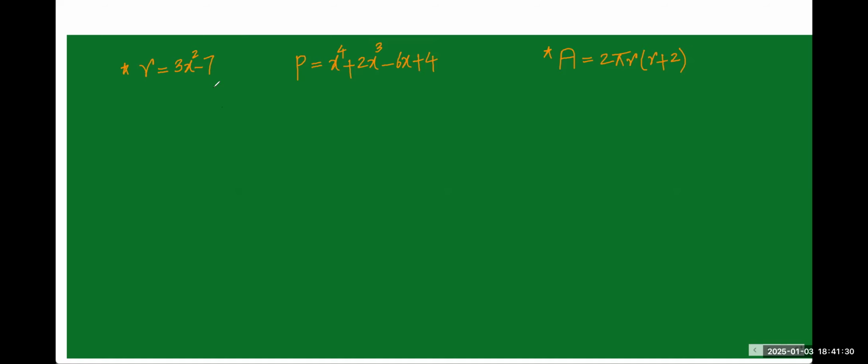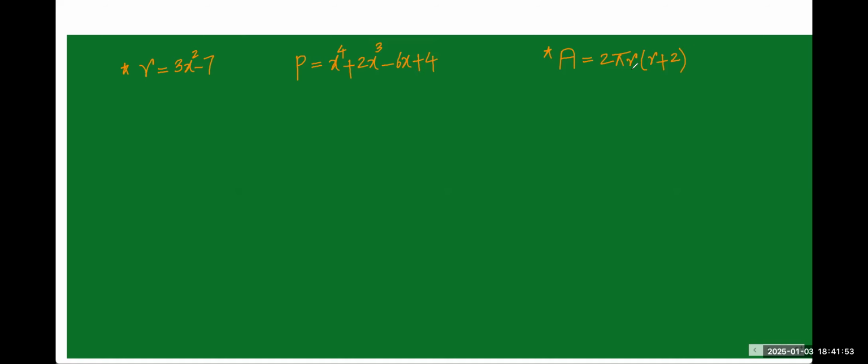But whatever the variable on the left side is, we differentiate with respect to that. So the first question is differentiated with respect to x, here also x, but here R is the variable, so differentiate with respect to R. Then I'll tell you about the rule.